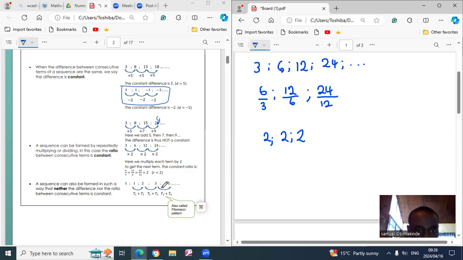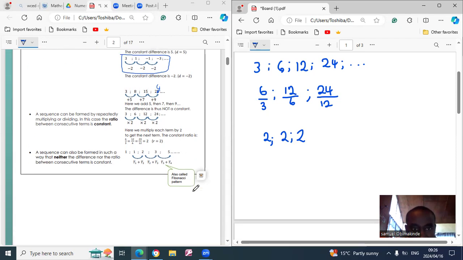And to get to this 3, which is the fourth term, you need to add the 2 previous terms together, which is 1 plus 2. And to get to this fifth term, which is 5, you need to add the 2 previous terms together, which is 2 plus 3 to give 5.